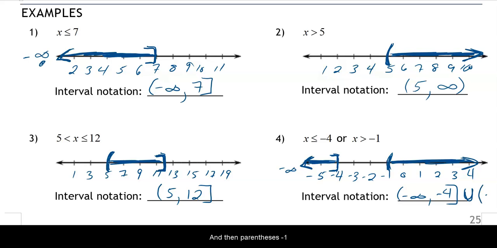Okay, and then parenthesis negative 1 to infinity. I ran out of space there. Let me write that down here. So that would be parenthesis negative infinity to negative 4, bracket, union, negative 1 to infinity in parentheses.